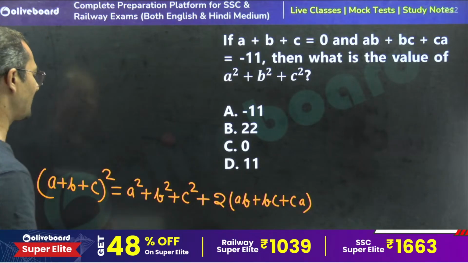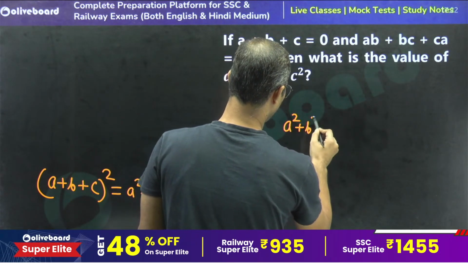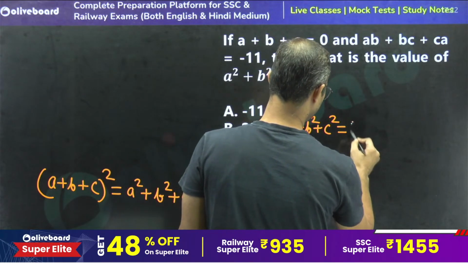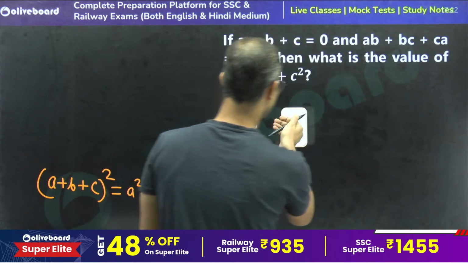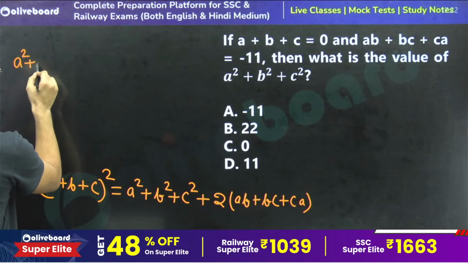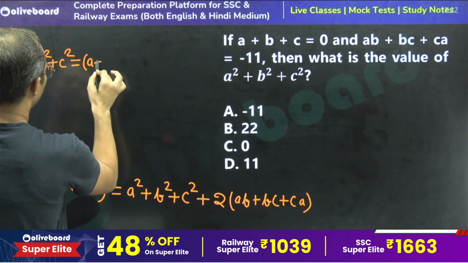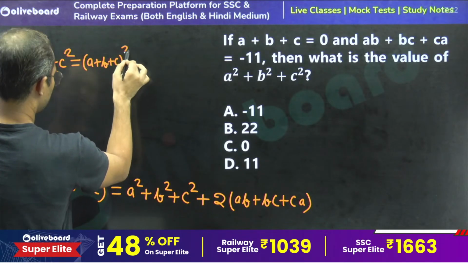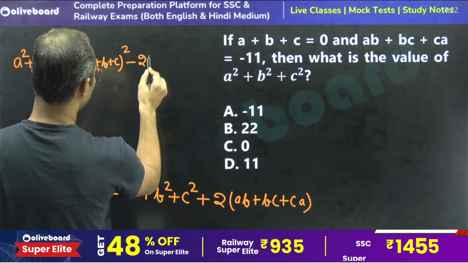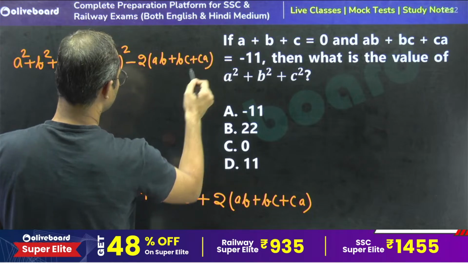So we can say that A square plus B square plus C square is equal to A plus B plus C whole square minus 2 times AB plus BC plus CA, right?